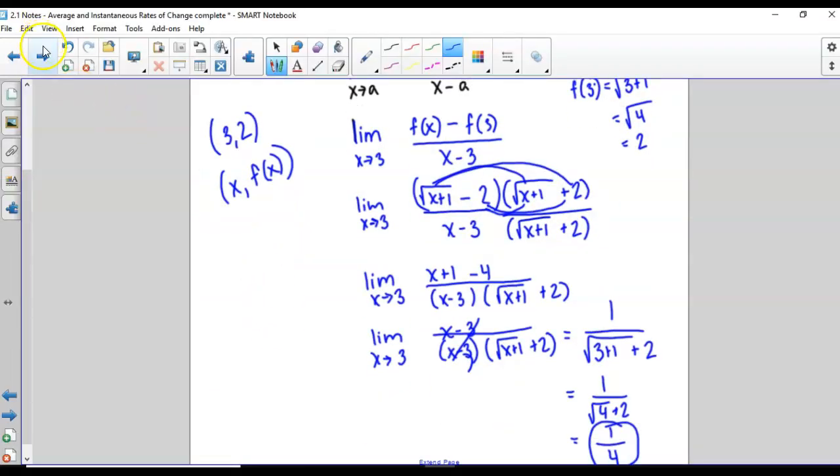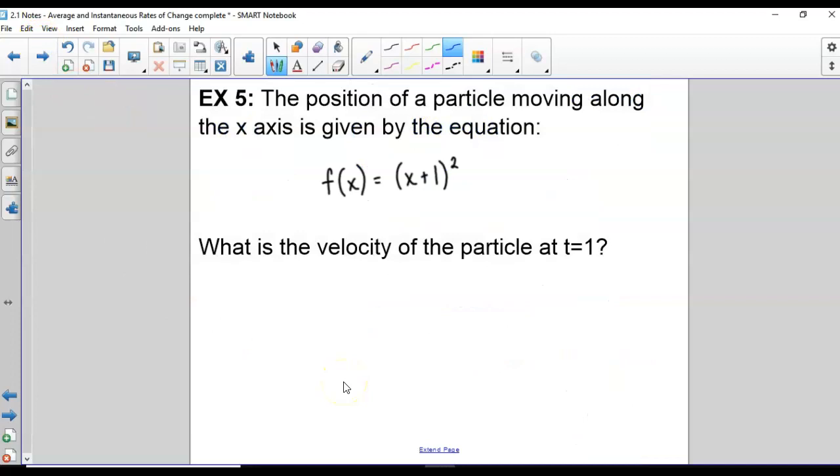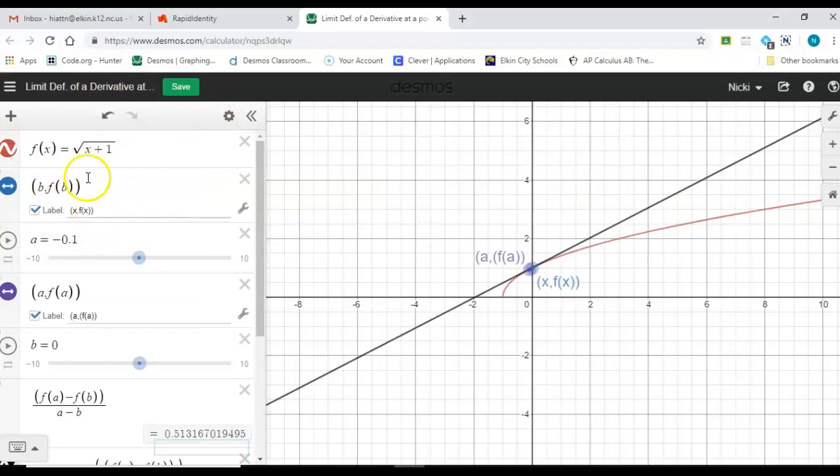Okay, let's look at the next problem. Alright, so the position of a particle moving along the x-axis is given by the equation f of x equals x plus 1 squared. What is the velocity of the particle at t equals 1? So let's look at the graph of this one before we get started.